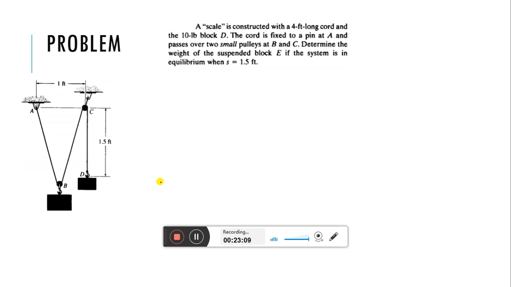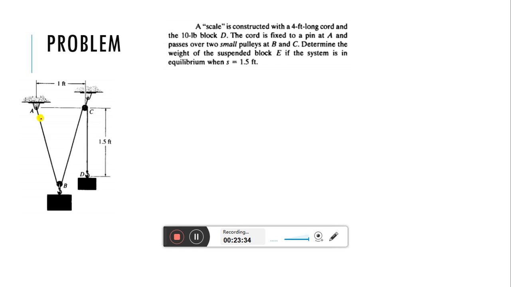A scale is constructed with a 4 feet long cord. Okay, so A to B to C to D. This is a long cord, and the length of this cord is 4, already given.